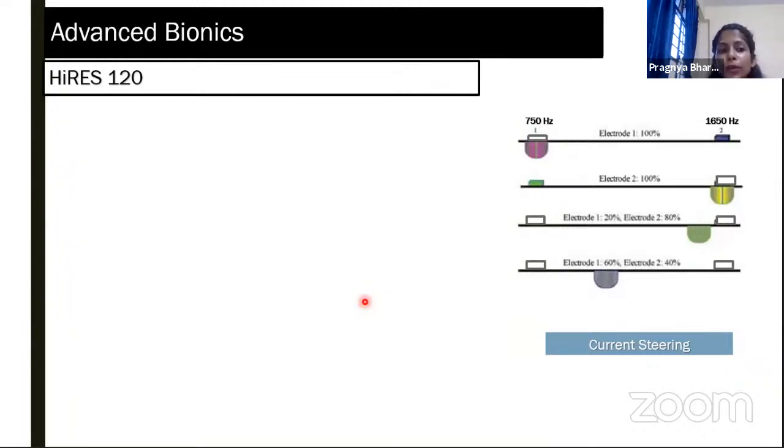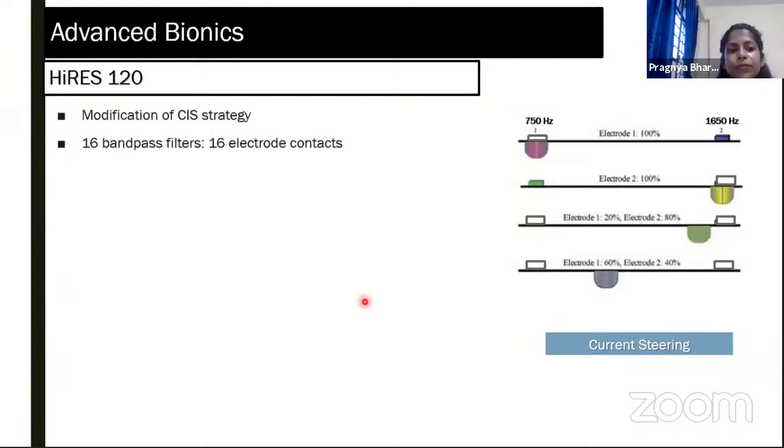Current Advanced Bionics processors use the HiRes 120, HiRes Fidelity 120 speech coding strategy. One of the striking characteristics is the current steering technology, which we'll be talking about further.